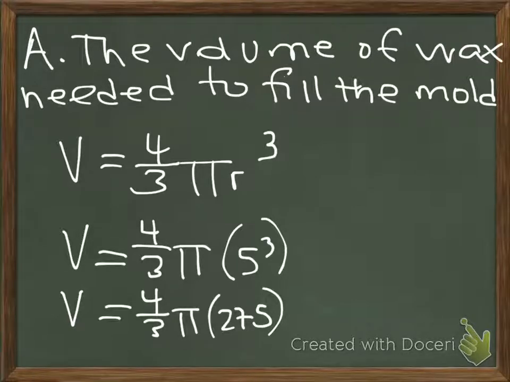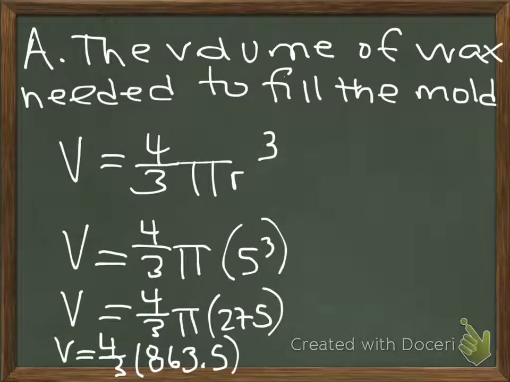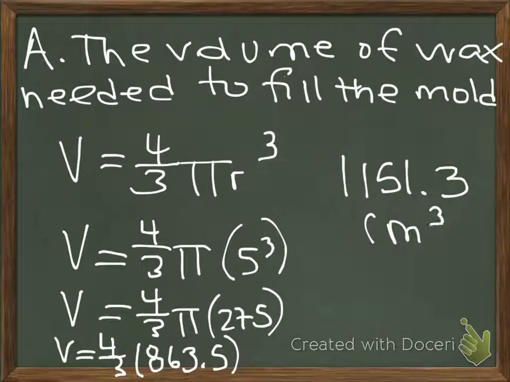Gives us 863.5. And then we multiply by 4/3. But really, when you do this type of problem in the calculator, I would do 863.5 times 4, and then divide by 3. So that gives us about 1151.3. And we're going to label that with volume, so it said centimeters, I believe, yep, centimeters cubed.